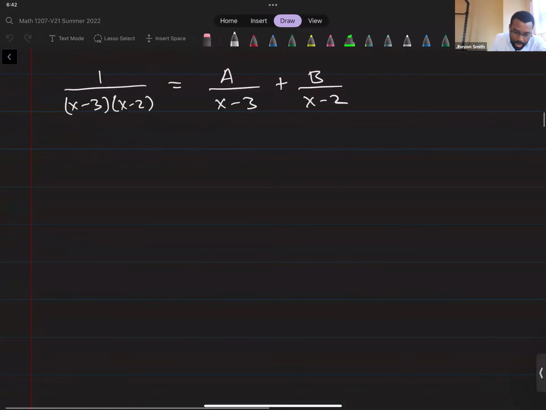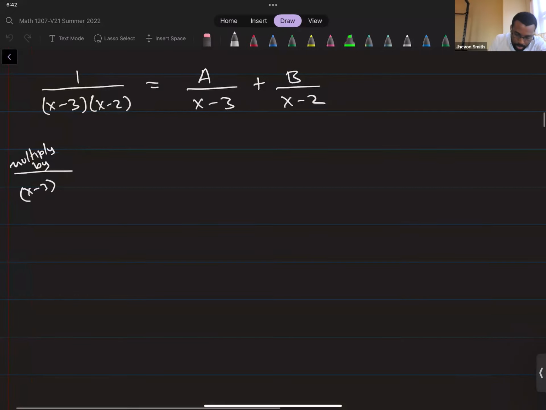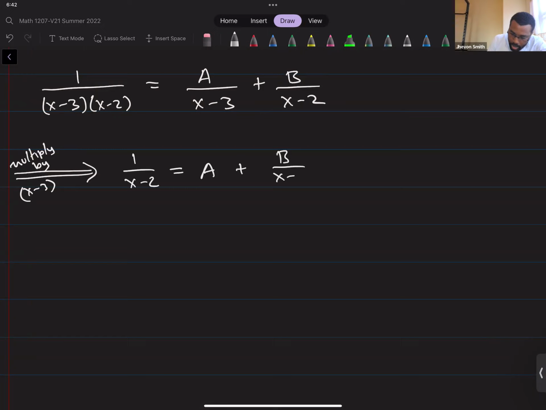Notice that if I multiply by x minus 3, the equation would become 1 over x minus 2 equals A plus B over x minus 2 times x minus 3. That's what I would get if I multiply the equation by x minus 3.